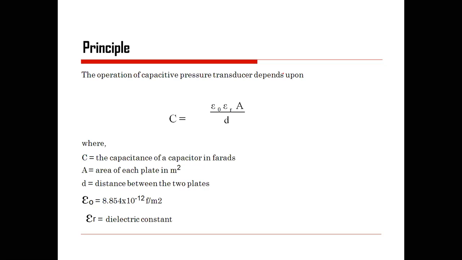However, epsilon and area are directly proportional. So when area increases, capacitance will increase. When area decreases, capacitance decreases. Similarly, when the dielectric material changes, capacitance will change. It is directly proportional to that particular parameter.